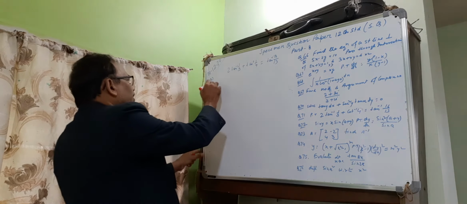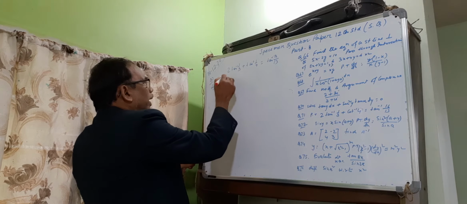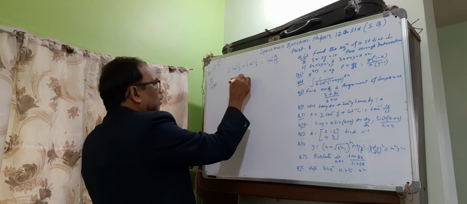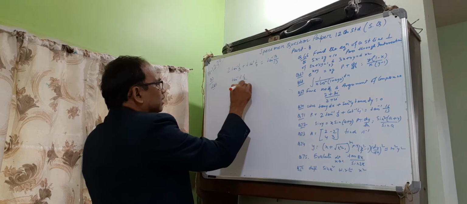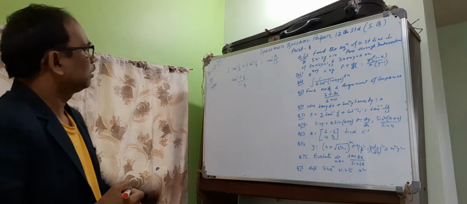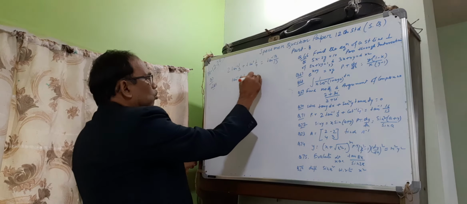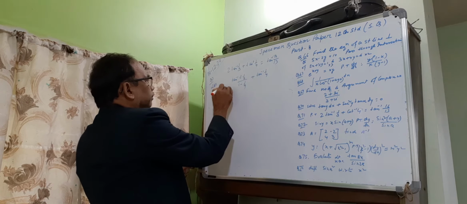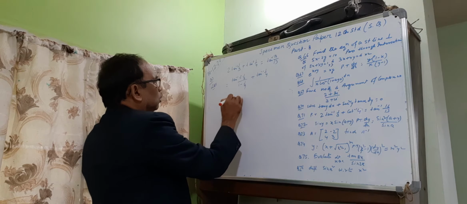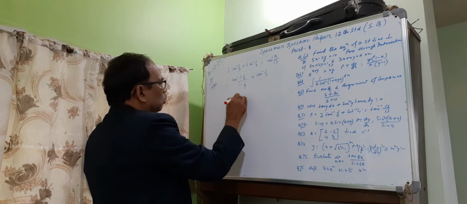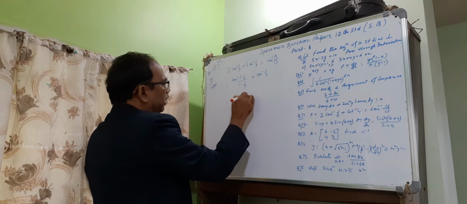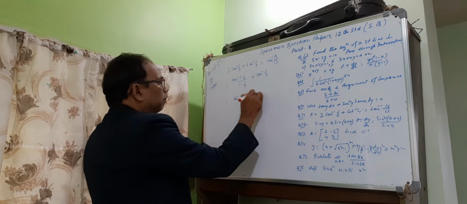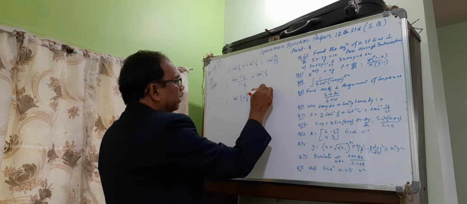Now LHS, the left hand side: 2 tan inverse x means tan inverse 2x by 1 - x², with x = 1/3, plus tan inverse 1 by 4. Tan inverse of 2/3 into 9 by 8, reciprocal of 8 by 9 is 9 by 8, plus tan inverse 1 by 4.